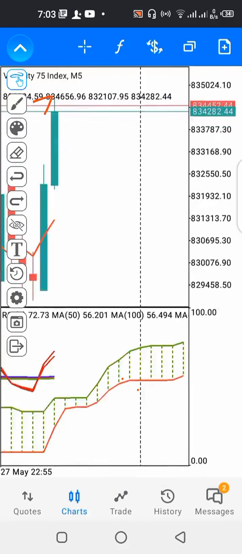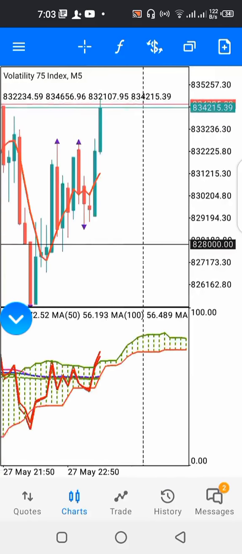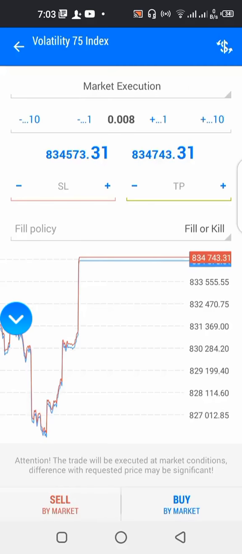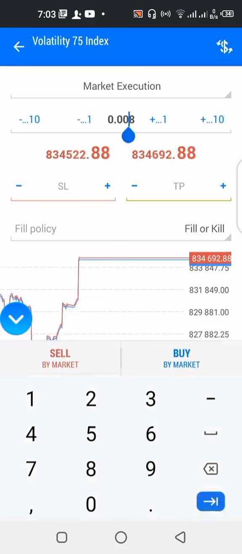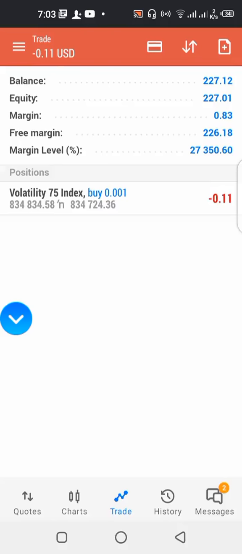Are we going to have a double top? But let's see. Okay, it's a breakout, so what I'm doing now is placing a buy trade.